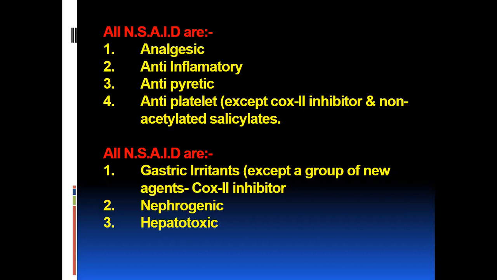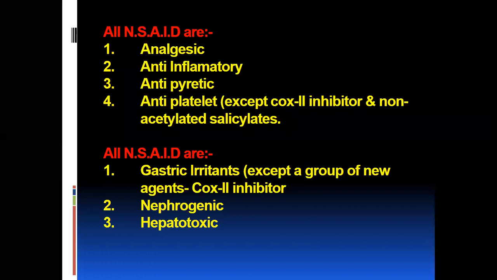So in a nutshell, all known non-steroidal anti-inflammatory drugs are analgesic, and have anti-inflammatory and antipyretic action, but antiplatelet action varies, because COX-2 inhibitors have no antiplatelet action and non-acetylated salicylates have no antiplatelet action.